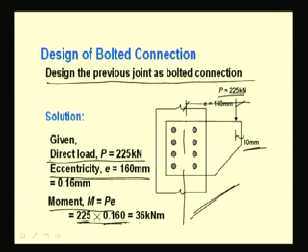Multiplying these two we get 36 kilonewton meter. Here we see that the load is lying in the plane of the bolted joint. So, the calculation will be exactly similar to that of the riveted joint, with the load lying in the plane of the joint.